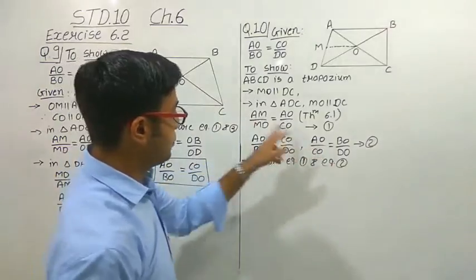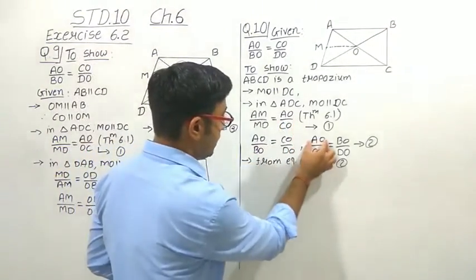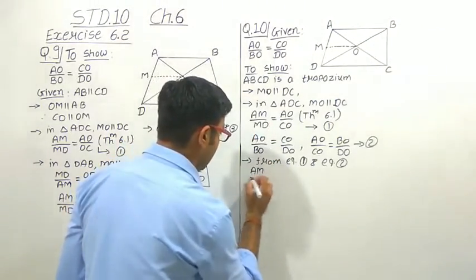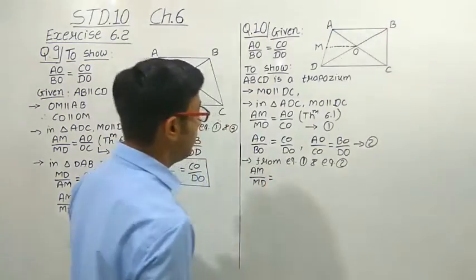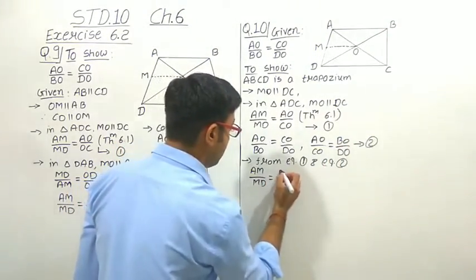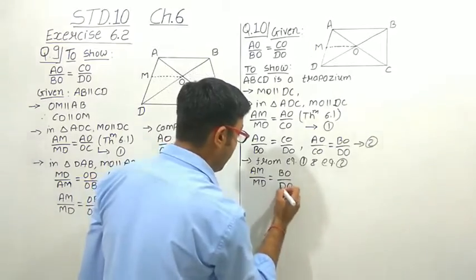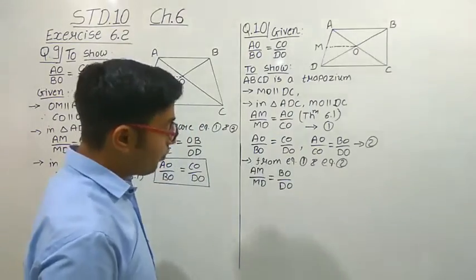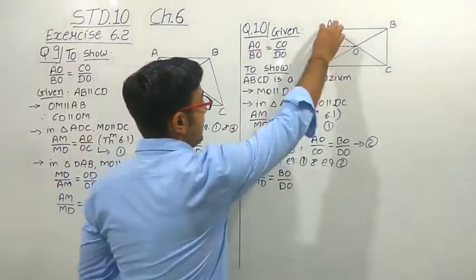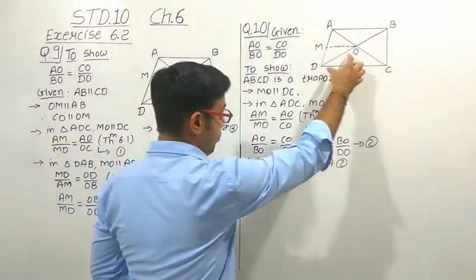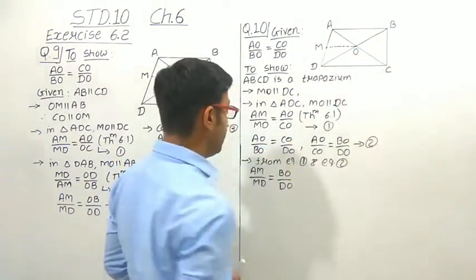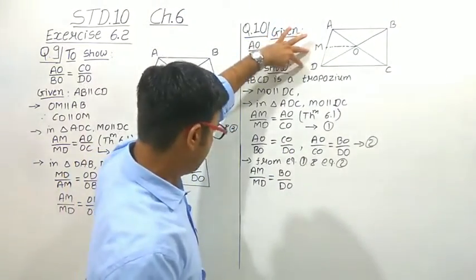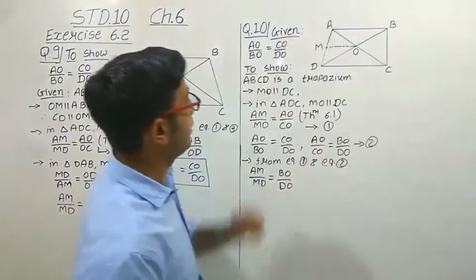Now when we compare both these equations, see this AO upon CO, here also there is AO upon CO. So this AM upon MD will become equal to BO upon DO. Right? So AM upon MD is equal to BO upon DO.